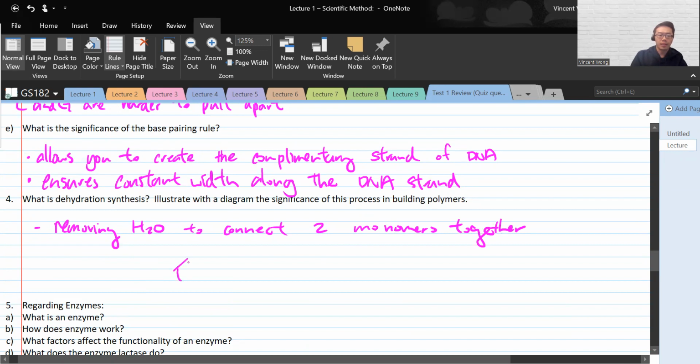Okay, so if I have a hexagon, which represents a glucose in some cases, and then I have a pentagon, which represents a fructose in some cases, I can remove an H2O here and form a bond.